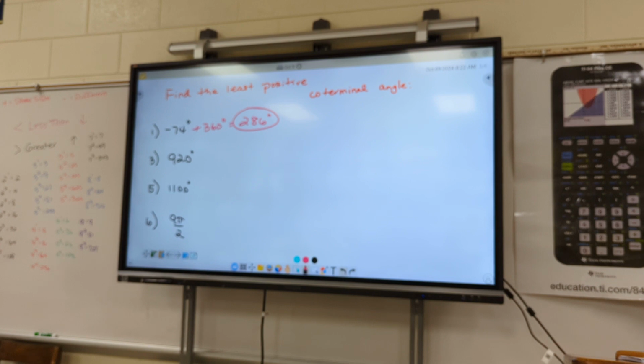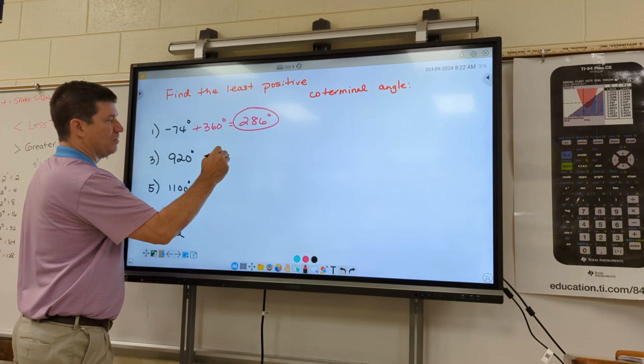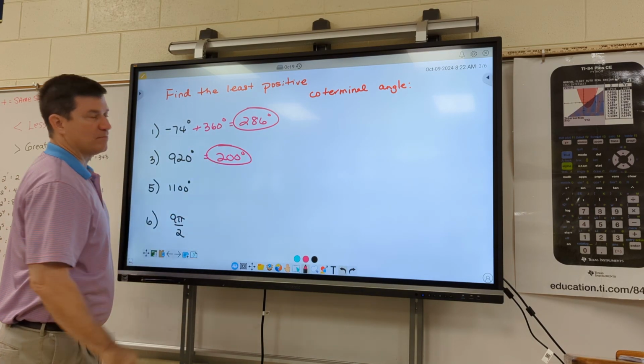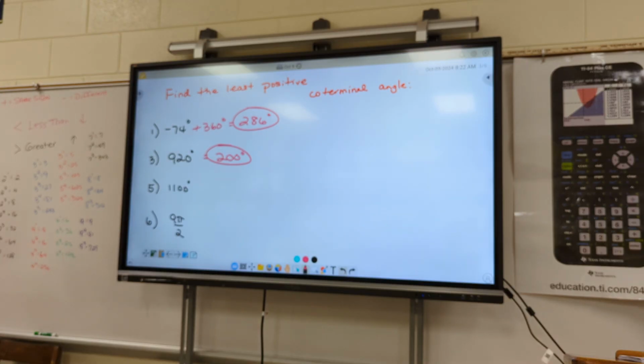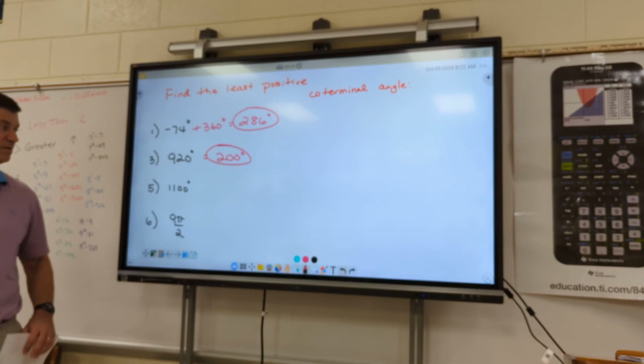It's still bigger than 360, right? So subtract it again. 200. That is your smallest positive angle that is equal to 920. So you're going to add 360 if it's a negative. If it's bigger than 360, you're going to subtract.